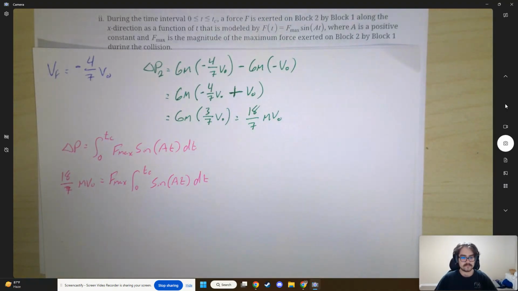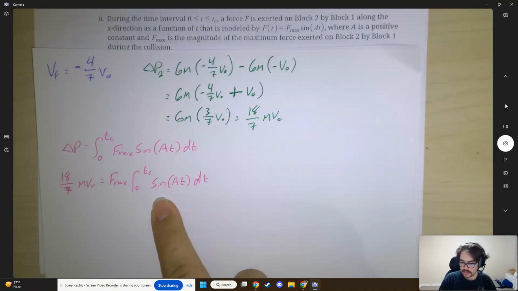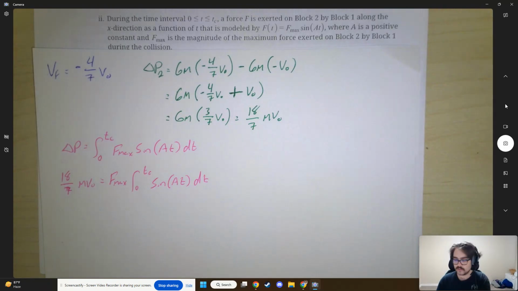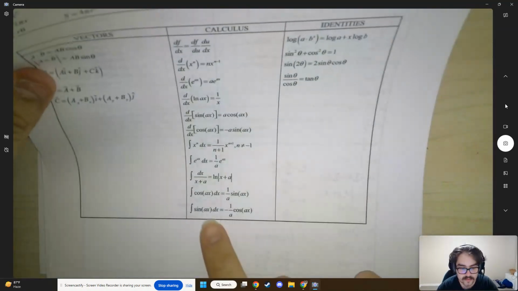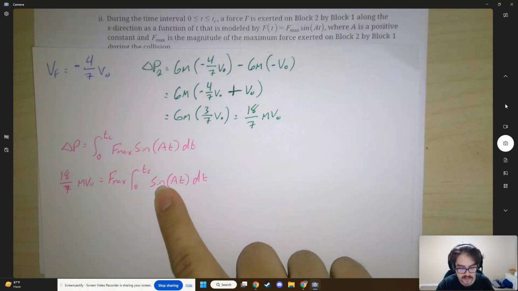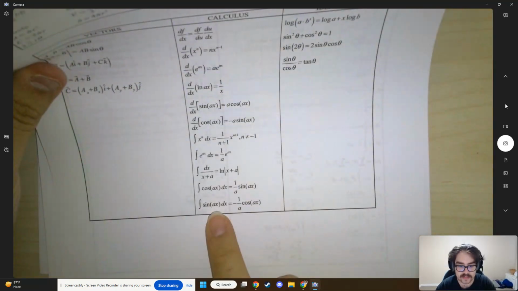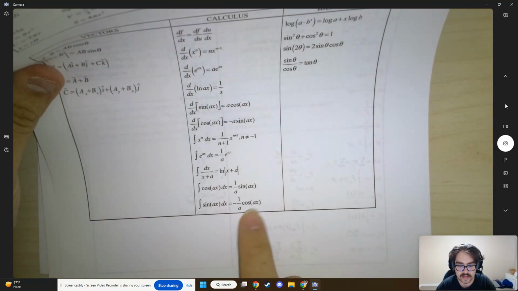Okay. If you ever forget the integrals and derivatives of trig functions, I'm so bad about remembering them, especially sine and cosine. But they do give it to you right here. The integral of sine of ax is going to be -1/a cosine ax.